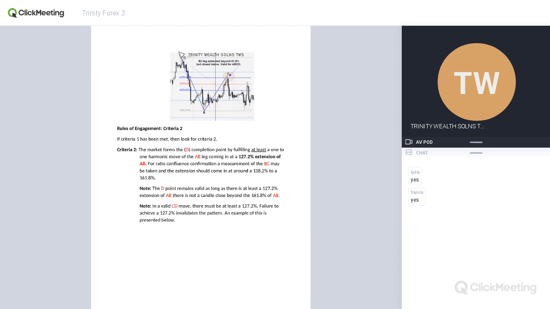Now we mark our points A and B. The next point is point C. For the ABCD pattern to be complete, C must be at 61.8%. At least the candle has to reach there. The wick can extend way above 61.8, but the candle should close below the 78.6% retracement.